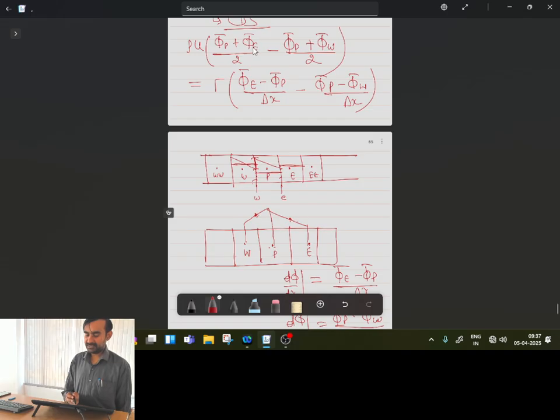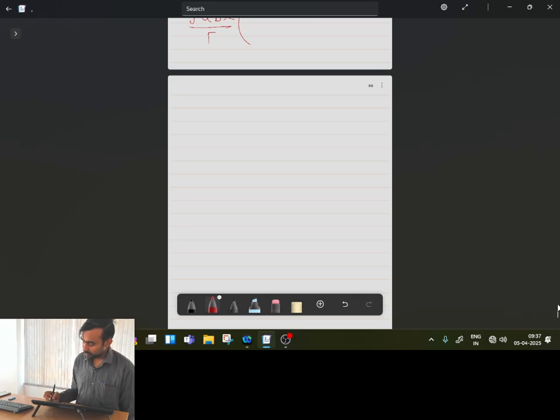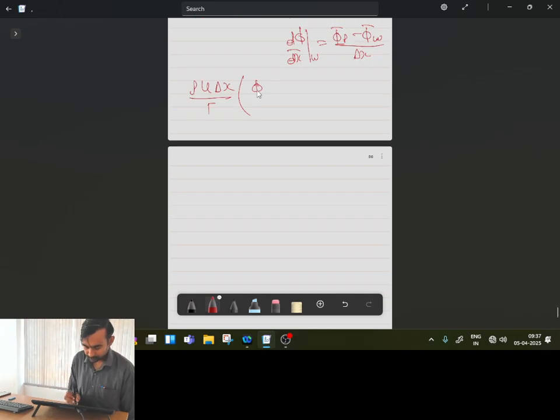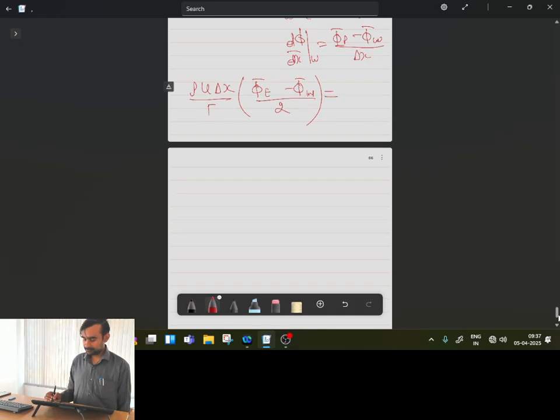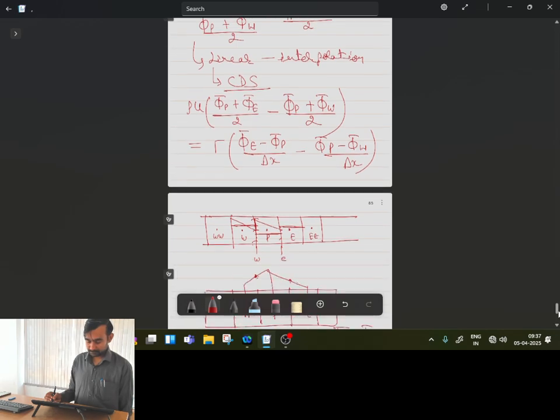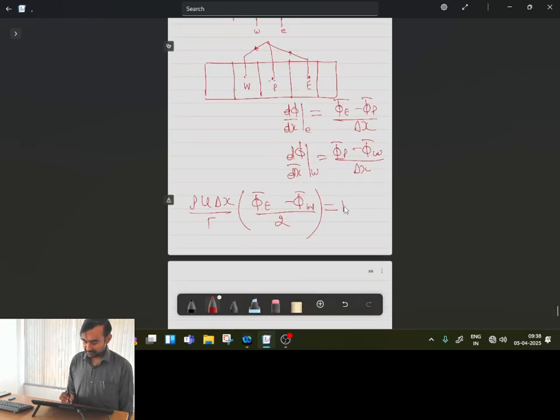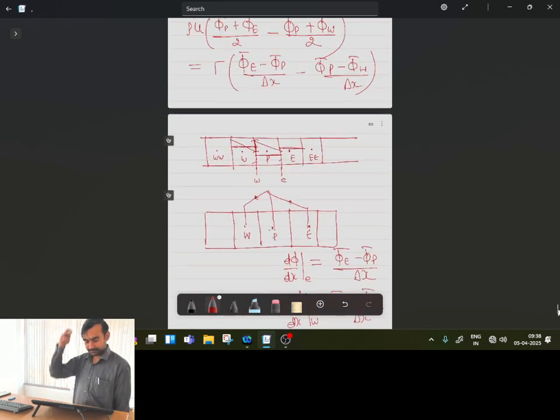From here what I will be getting? Phi e minus phi w by 2. Okay, and on the other side, what I will be getting in the other side, please tell me. Phi e plus phi w minus 2 phi p.